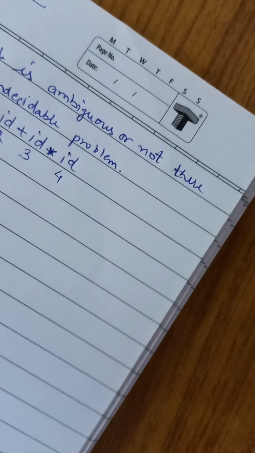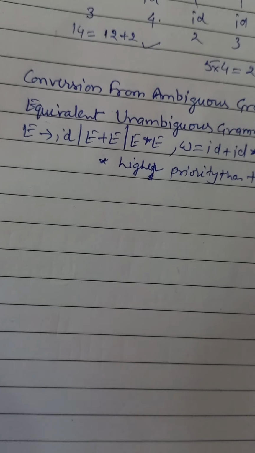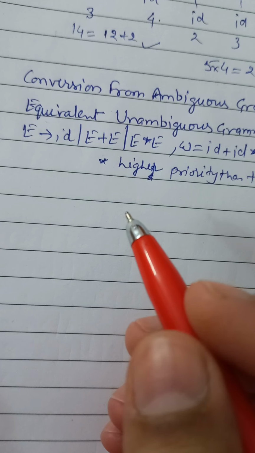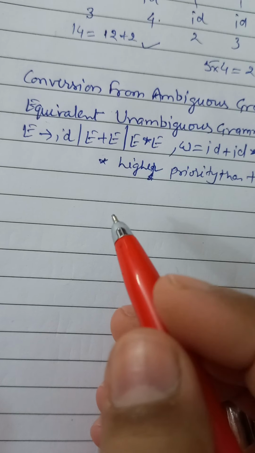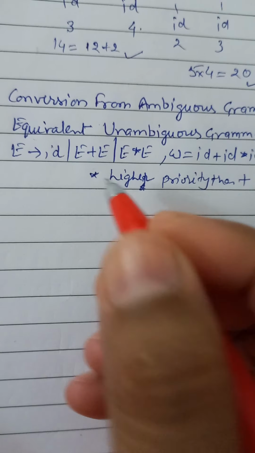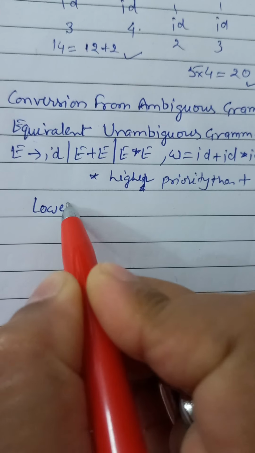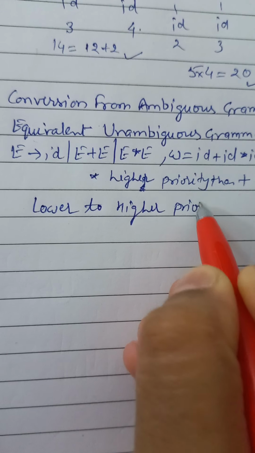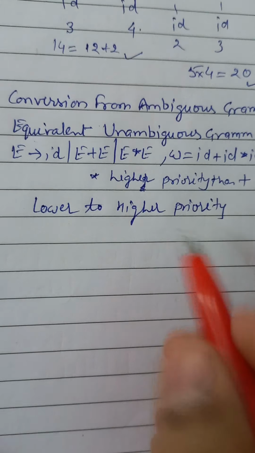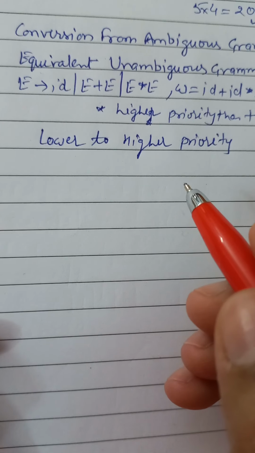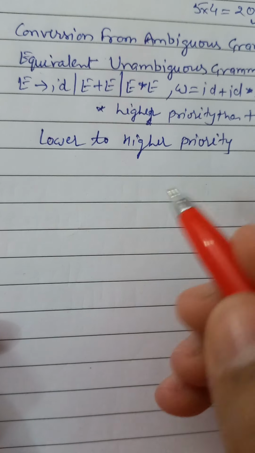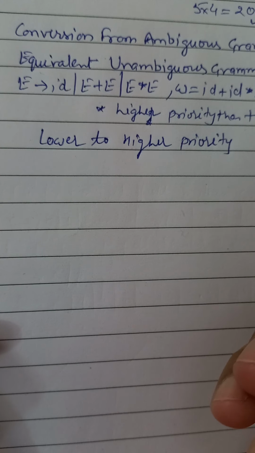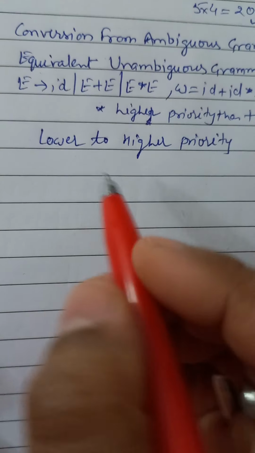So we know that the grammar is ambiguous. So we start from lower priority to higher priority. And operand has higher priority than operator, because without an operand no operation is possible. That's why operand has higher priority than operator.